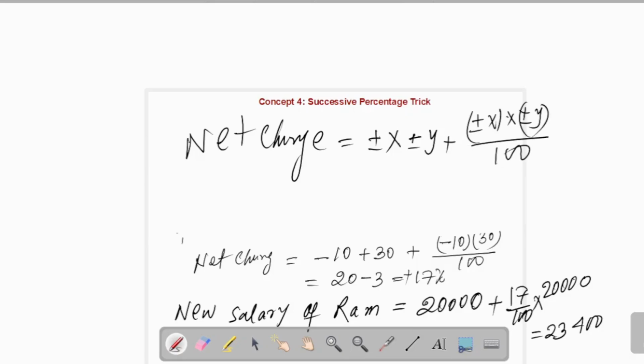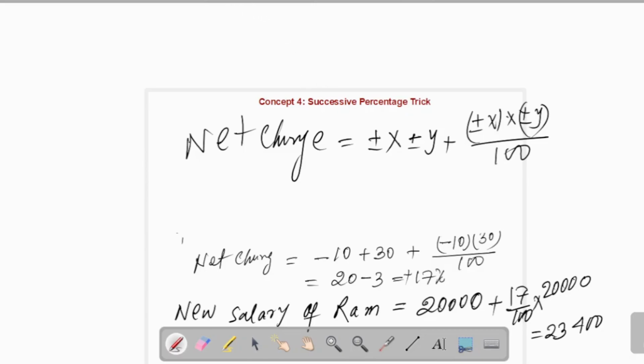As simple as that. You need not calculate everything. Just put this x and y into this formula. You will get the net change. So if the net change value is negative, it means percentage decrease. If the net change value is positive, that means percentage increase.